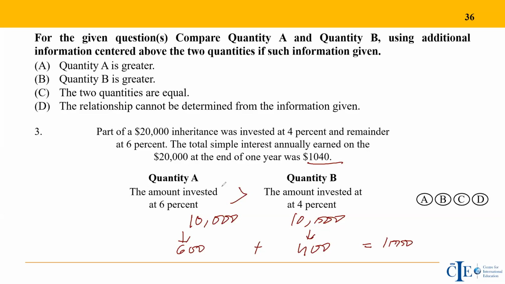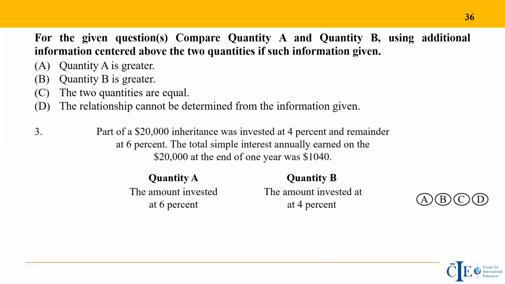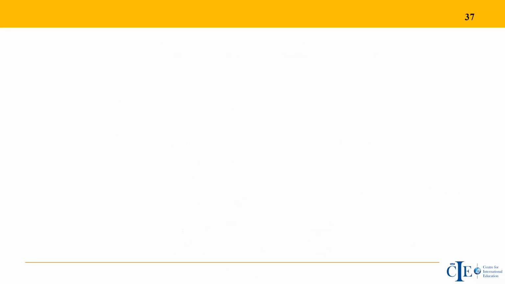You could have used that logic also. The idea is just to come up with some approximation where you can avoid the detailed calculation. Just think of a way which you can relate and approximate, which helps you cut down on your solving part. That's all you need to work at. Okay, so A is the right answer.